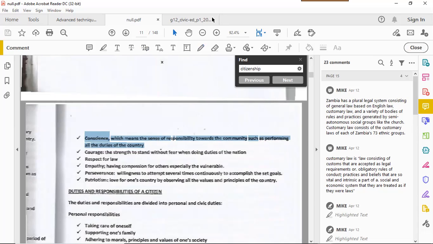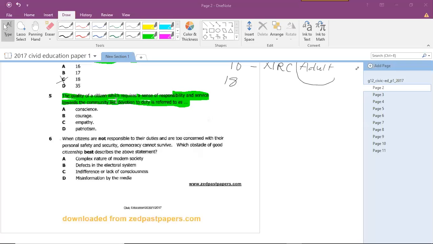So this is the answer, which is exactly identical to what's been written here. The quality of a citizen which encourages a sense of responsibility and service towards the community, like devotion to duty, is referred to as. So our answer becomes conscious. So here is our answer, which is A.